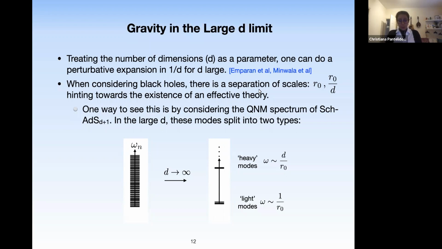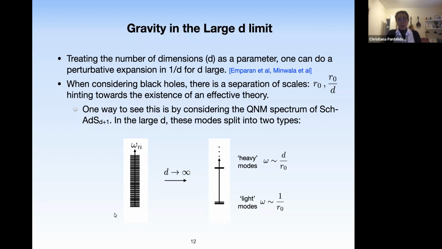You take your equations, you fluctuate around your metric, you get a set of equations, and then you have to solve those subject to boundary conditions. On the horizon, as always, we impose regularity. Close to the boundary, we impose that the fall-off is fast enough. If we do that at finite D, we get an infinite but discrete set of modes, omega n, that fill in this spectrum here.